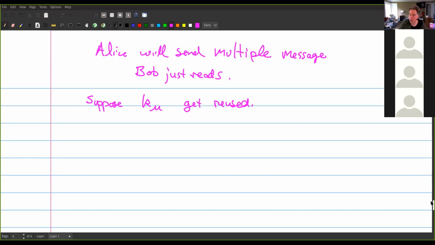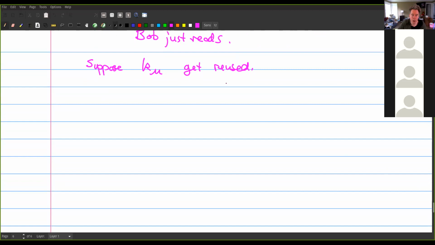It's common in modern cryptography to work under the known plaintext attack assumption, which assumes that the person in the middle, either Oscar or Eve or Mallory, might know some of the messages. So in this example, suppose that Alice is going to transmit X1 and X2. These are two different messages. She's going to use the same KM both times. And we assume that Eve knows this one, but not that one.